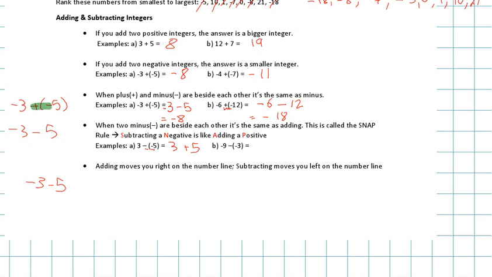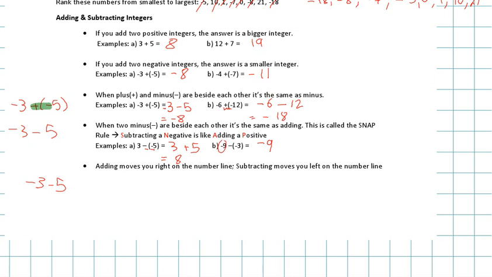That will only work if you have negative, bracket, and another negative. So, let's look at this one. What would I write from the next one? Positive, isn't it? So, what would I start with? Negative 9, plus 3.